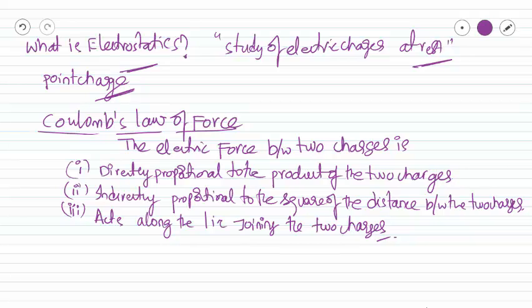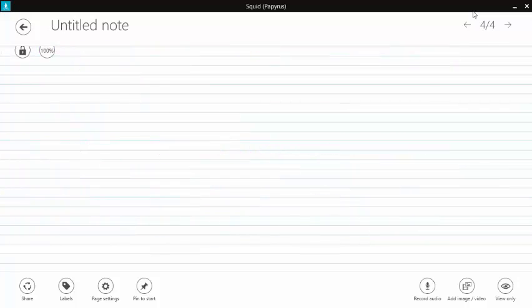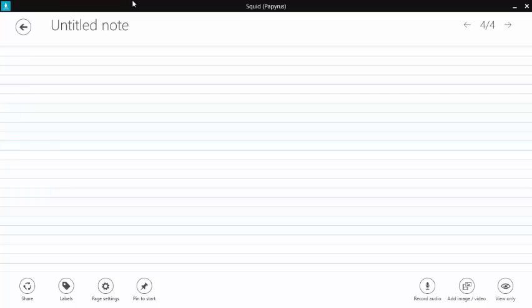Let us write down an expression for the force between the two charges. For this, we'll take charge Q1.